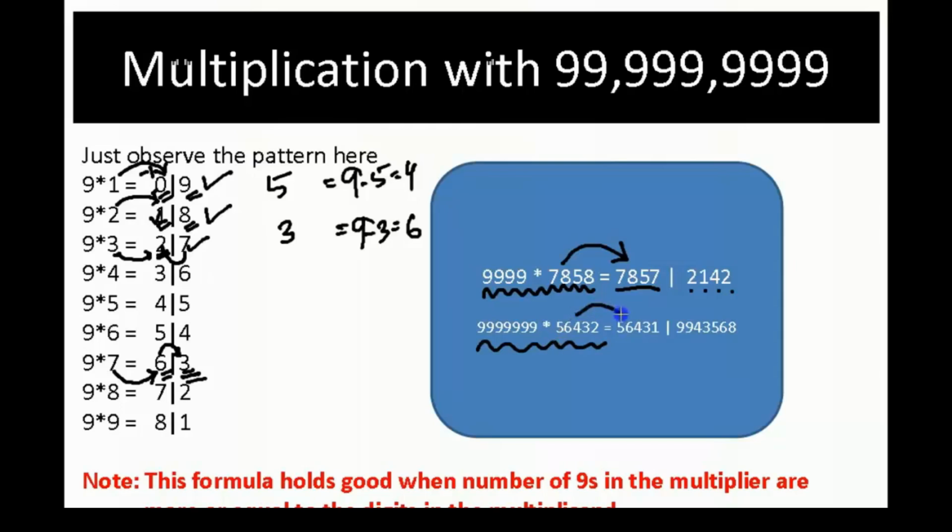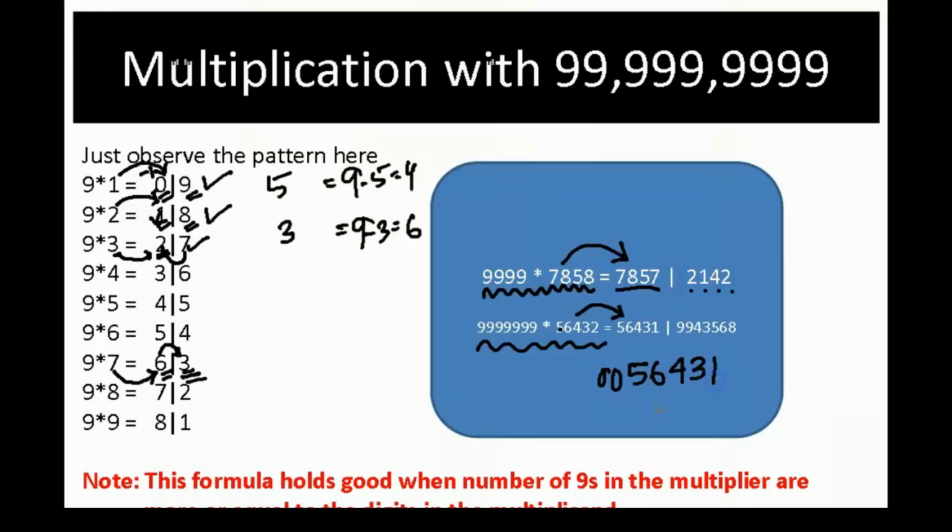Similarly, think of this number, which is quite a big number. I have 12,345,679 with 56,432. The next step is just 1 less than this number, that is 56,431. Here the number has 5 digits, but here we have 7 digits, right?